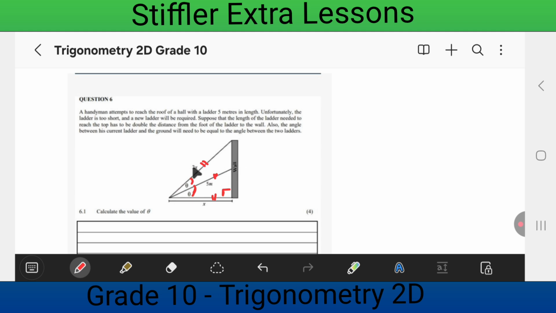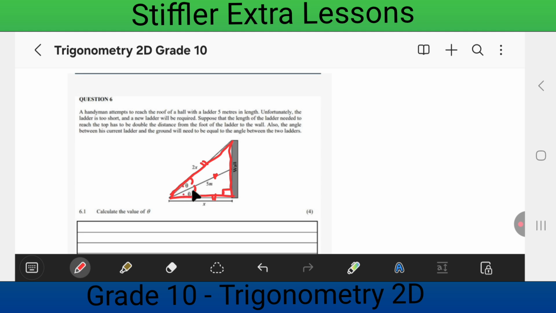So we see that we're having the one with 2x there. So this is our first triangle with a 90 degrees. Can you see that? And we are also having this small one that is passing through 5 meters with 90 degrees. So our larger triangle, we can see that it is having 2 theta as the angle because it is theta plus theta giving us 2 theta.